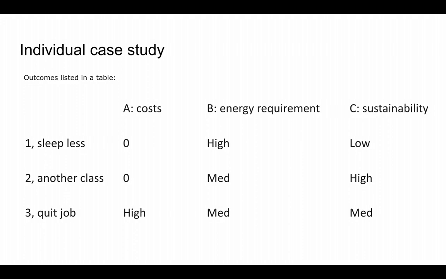You want to keep the class, and you also don't want to lose your job, right? So then maybe sleeping less is your best option. Even though this requires high personal energy and has very low sustainability, still this is your best option, because you prioritize some of the criteria, because you want to keep both. So that's just the reality.